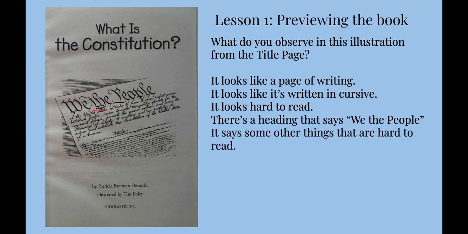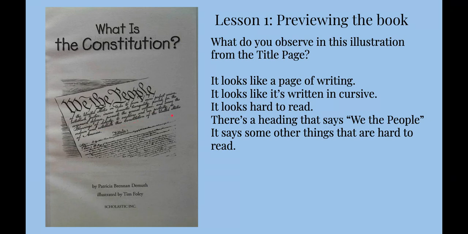If I look very carefully, I can see it says, We the people of the United States, in order to form a more perfect union, establish justice, ensure domestic tranquility, provide for the common defense, promote the general welfare, and secure the blessings of liberty to ourselves and our posterity, do ordain and establish this Constitution of the United States of America.